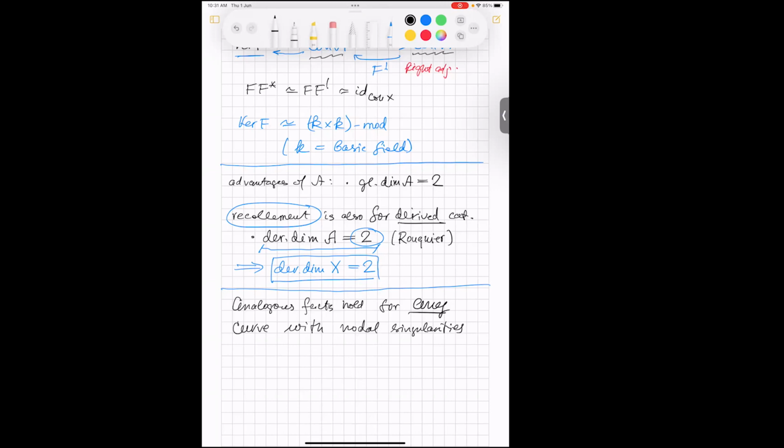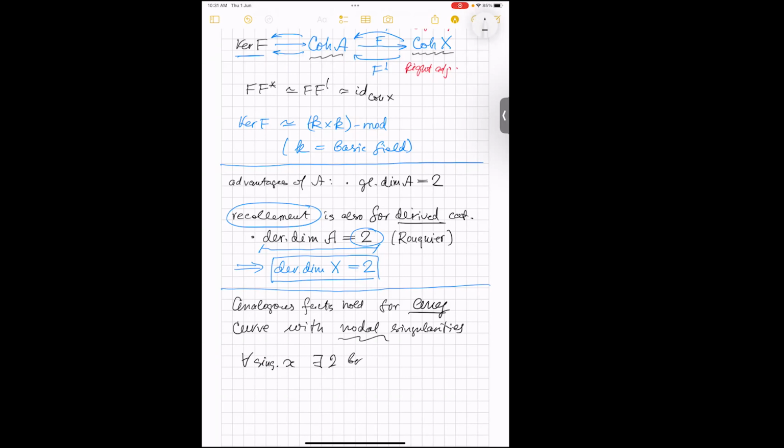Nodal means that for any singular point, there are 2 transversal branches.